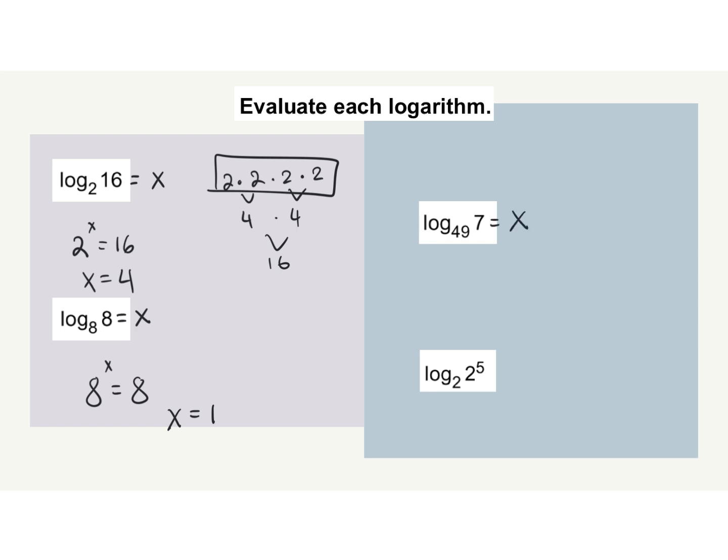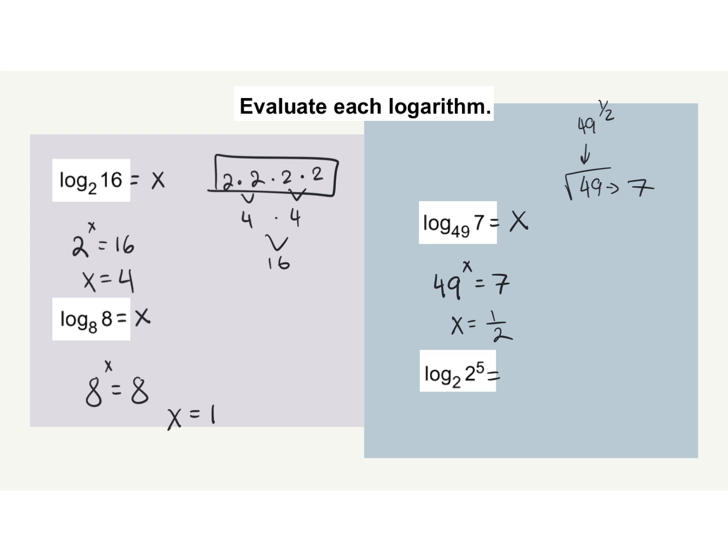We're going to do the same thing for log base 49 of 7 equals x, so we're going to have 49 to the x power is equal to 7. Now, the only way you can get from a bigger number to a smaller number is dealing with square roots. Now, we know 49 is a perfect square. So, remember, square roots can be written as exponents of fractions. So, it's going to be 1/2. Our x is equal to 1/2.